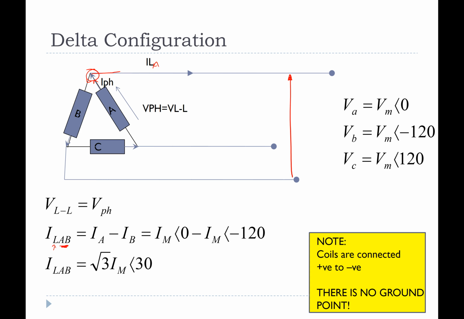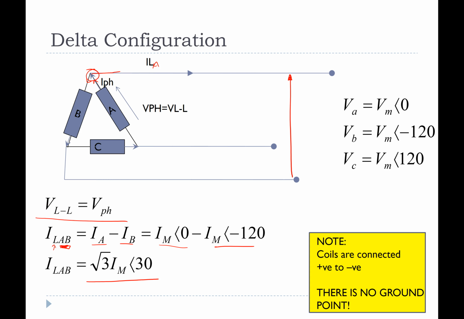But I've denoted it here with IL AB, because I want you to make the connection that it is IA, the current through phase A, minus the current through phase B. And again, when we substitute the phasor values for IA and IB, we'll end up with √3 Im angle 30. So the exact same thing holds, except this time it's for the current.